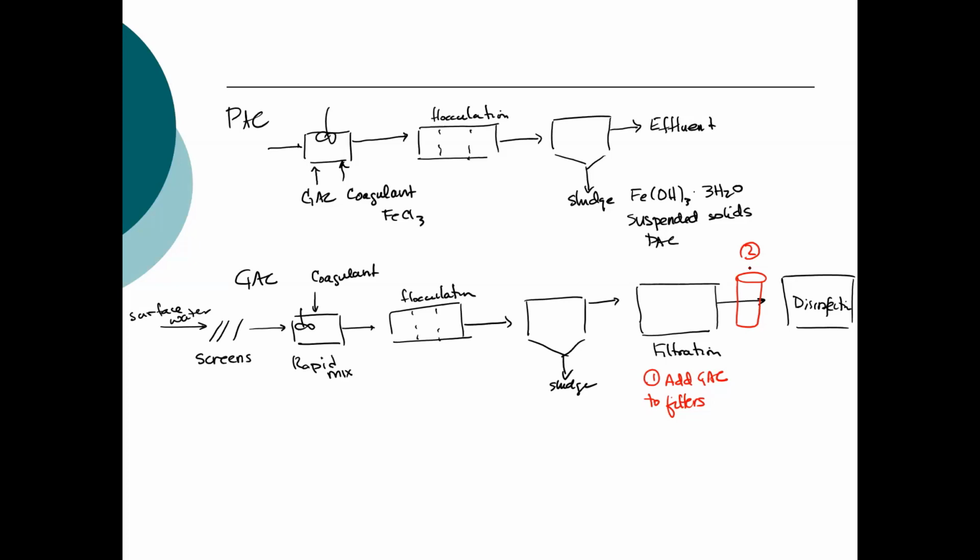Why do we not add powdered activated carbon to the filters? Perhaps we could inject powdered activated carbon just before filtration. Why do we not use powdered activated carbon, but we use granular activated carbon?